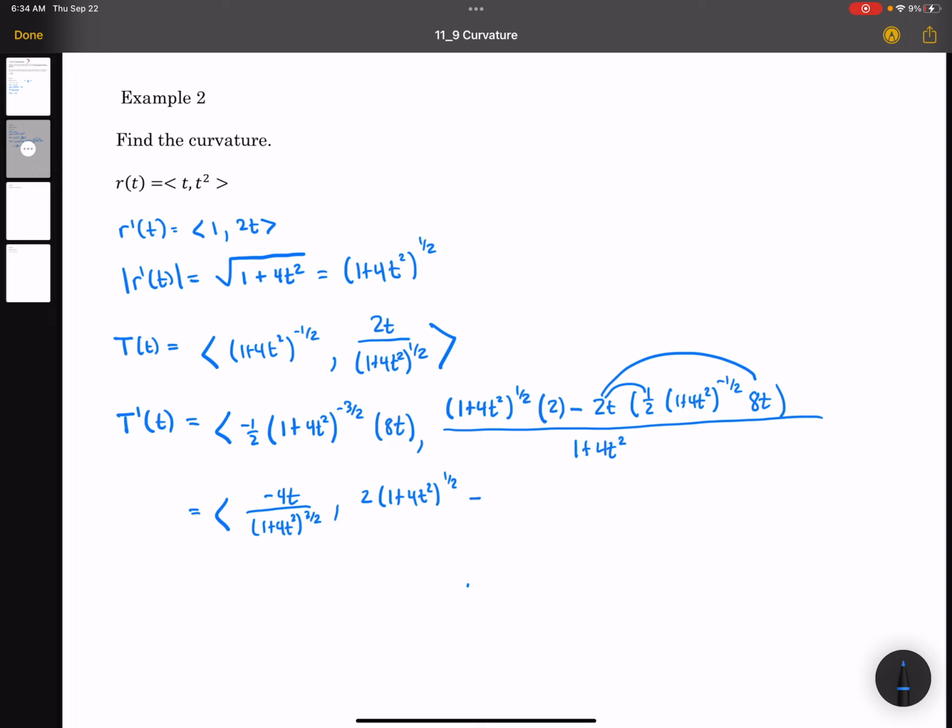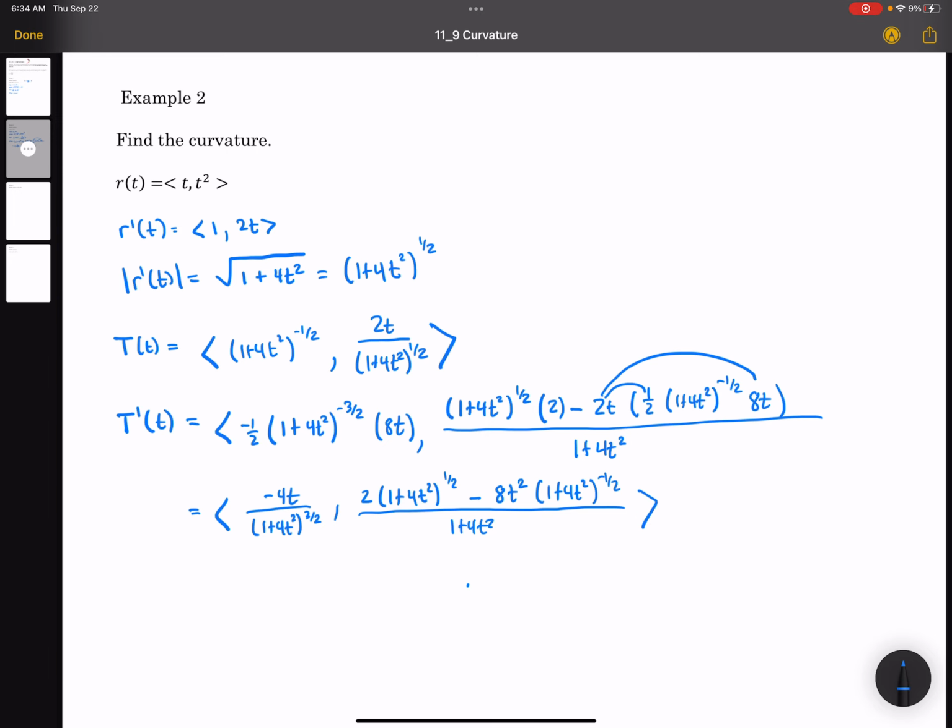So minus 8t squared times (1 plus 4t squared) to the negative 1/2 power. And all of that is divided by 1 plus 4t squared. So those are our two components.